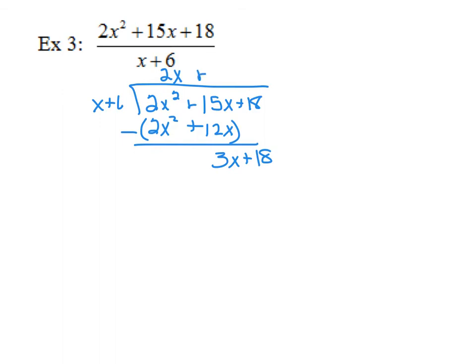3x divided by x is 3. 3 times x is 3x. 3 times 6 is plus 18. Subtracting, I see that I have 0 remainder this time. So this one is slightly different than my last example.